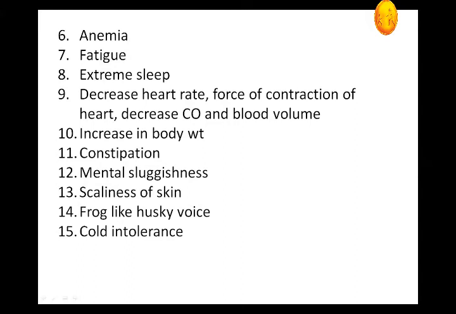Like scaliness in winter days, the skin is so dry that there is scaliness of the skin. And when the person tries to speak, the voice is a frog-like husky voice. In hyperthyroidism there is heat intolerance; here it is cold intolerance.